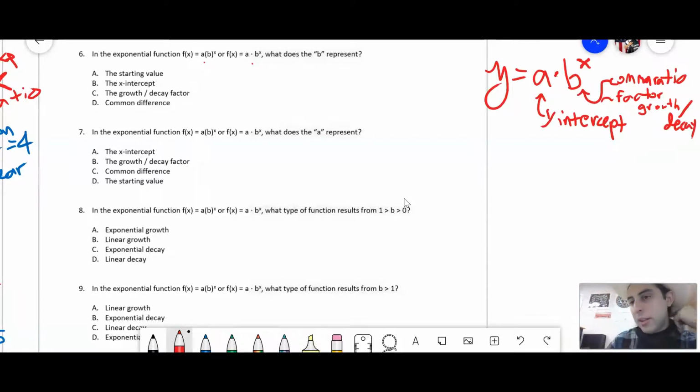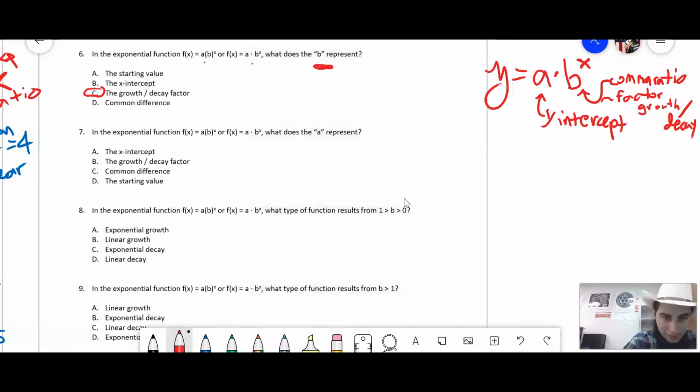Again, a is the y-intercept, b is the common ratio, or the growth factor or the decay factor. So when it asks what b is, we pick C. Remember, b is the growth or the decay factor.